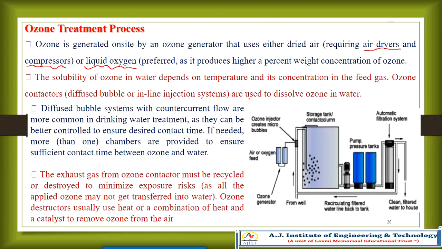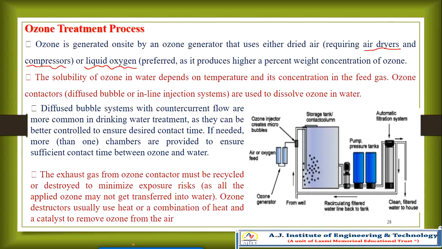Diffused bubble systems with a concurrent or counter current flow are more common in drinking water treatment, as they can be better controlled to ensure the desired contact time if needed. More than one chamber is provided to ensure sufficient contact time between the ozone and water. That is also an important parameter.